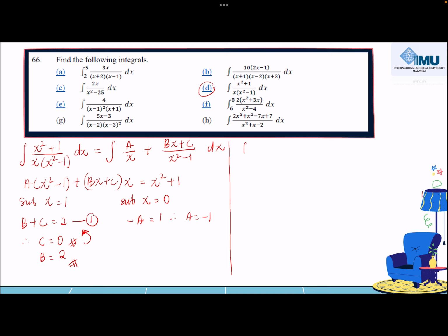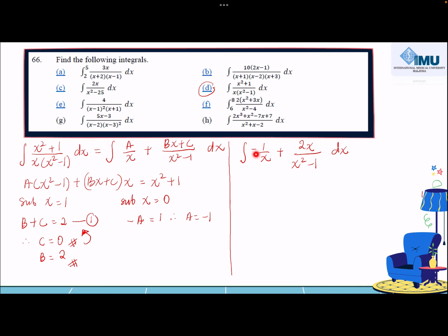So it's going to be the integral of A, which is negative 1 over x, plus B, which is 2x. However, since C is 0, you don't have to write anything. Now, divide by x squared minus 1, and you're going to proceed with the integration.